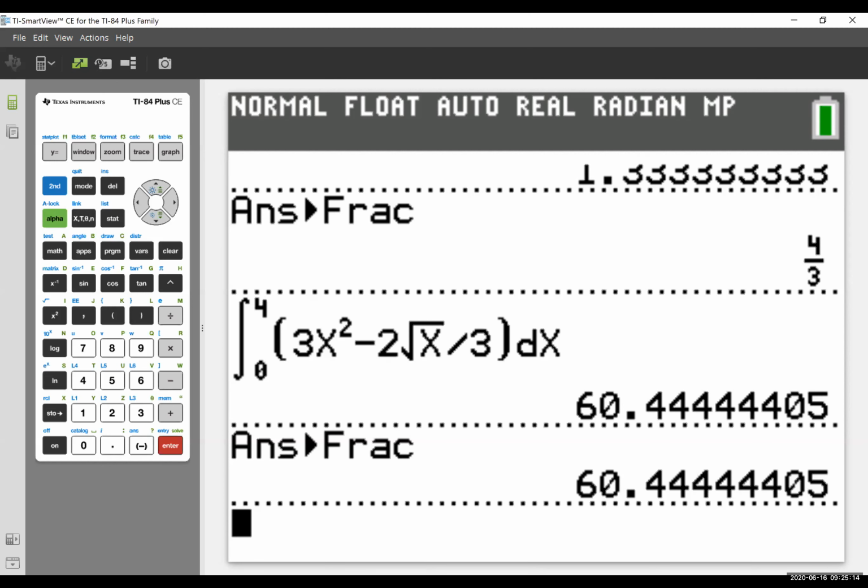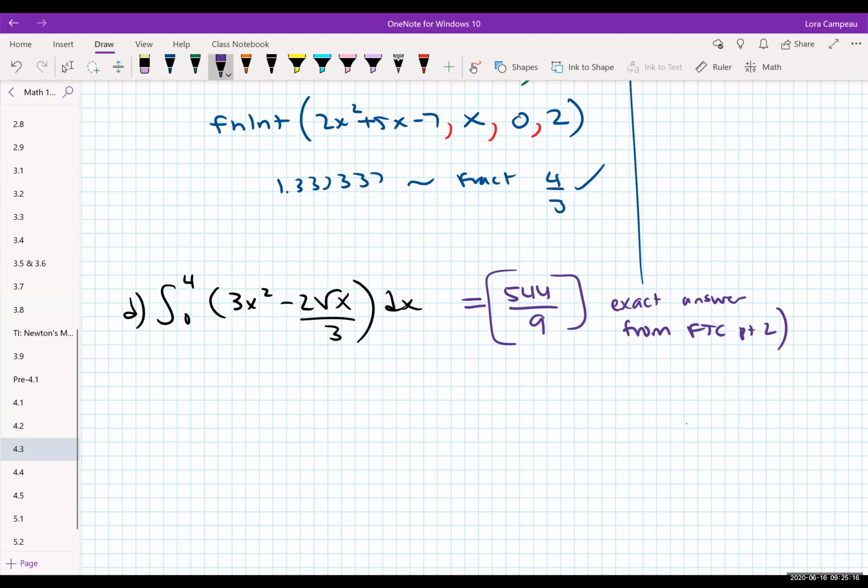But let me go back to the actual answer. Our actual answer from the fundamental theorem of calculus was 544/9. Our TI gave us 60 point, I'll have to recopy it from my screen, 1, 2, 3, 4, 5, 6 fours, and then it had a 0.5 at the end. So we have an approximation. It doesn't convert to a fraction. Well, let's see what 544/9 is. Let me go back one more time, just to make sure.